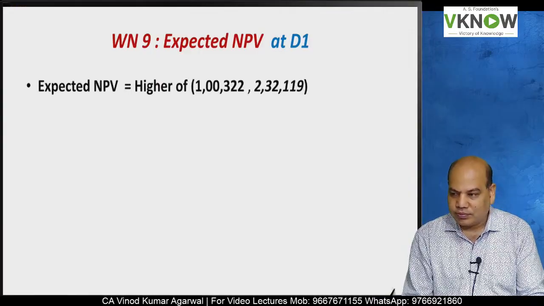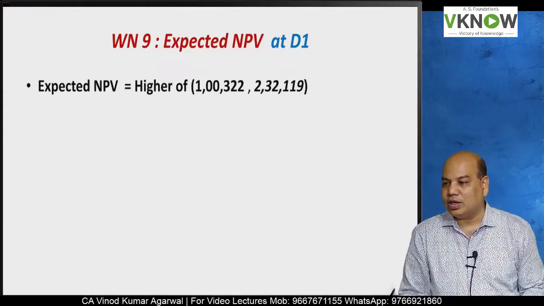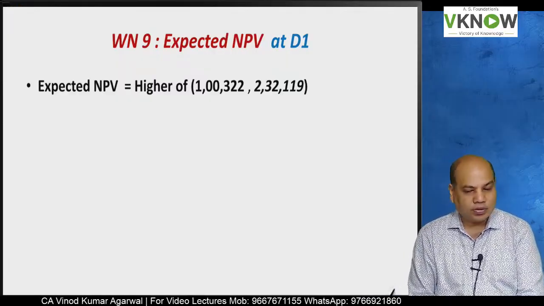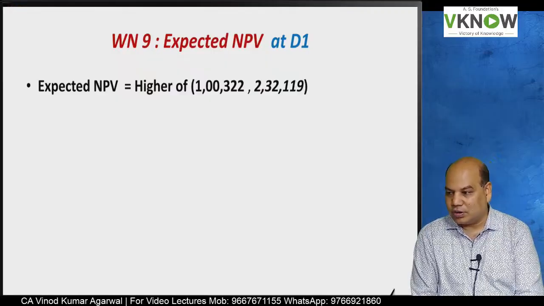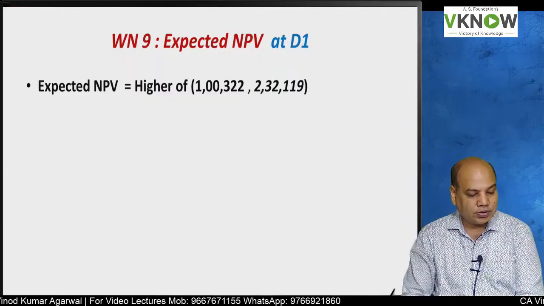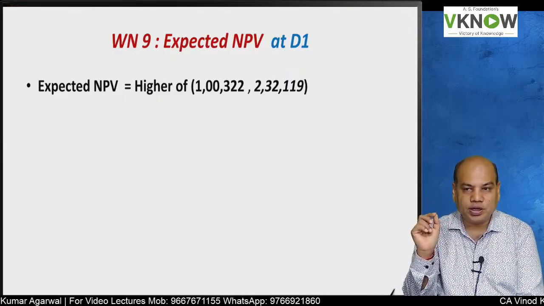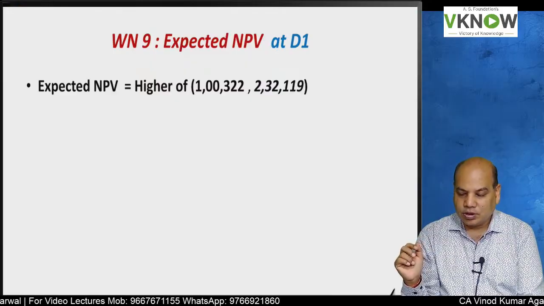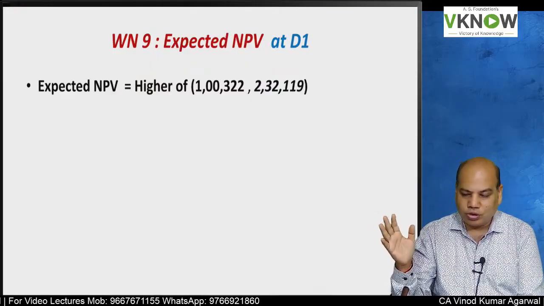Wonderful question. Expected NPV at D1. Expected NPV at D1 is the higher of, it is a decision box. You can see there are two branches, print 15,000 copies and print 5,000 copies, and one is 0 also, but that 0 you ignore.